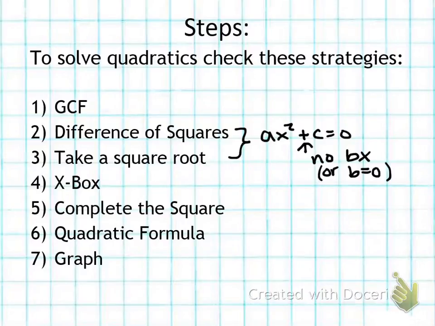Once you have that, then you could do difference of squares or taking a square root. If you have a b term in there, then you're going to want to move on, check something like factoring, or you could do completing the square, or quadratic formula is kind of like the go-to. It will always work, but it's not exactly the nicest, cleanest way, but it'll get you the answer.